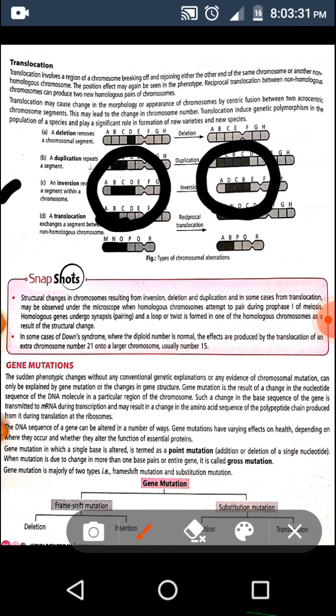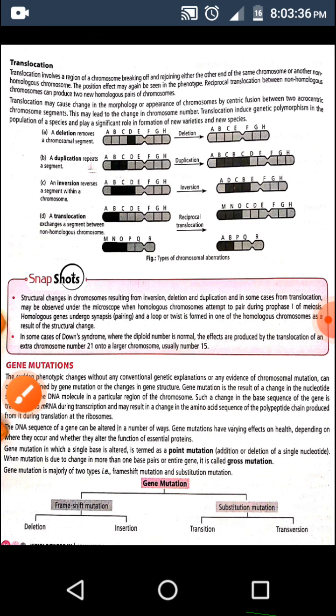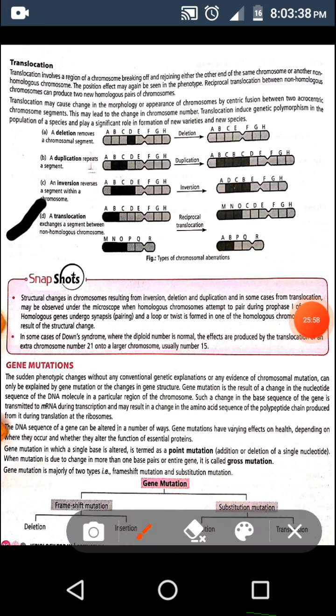Then the last one, translocation, where a segment of the chromosome gets transferred to a non-homologous chromosome, or shifted within the same chromosome.